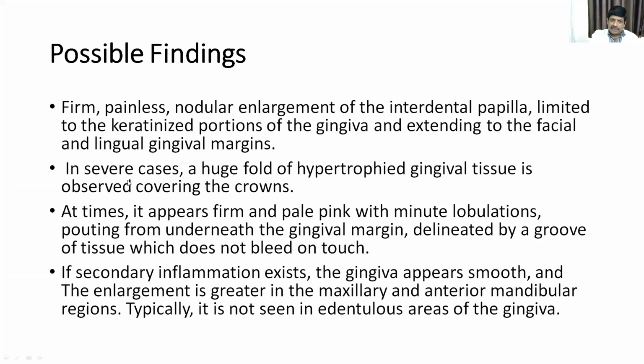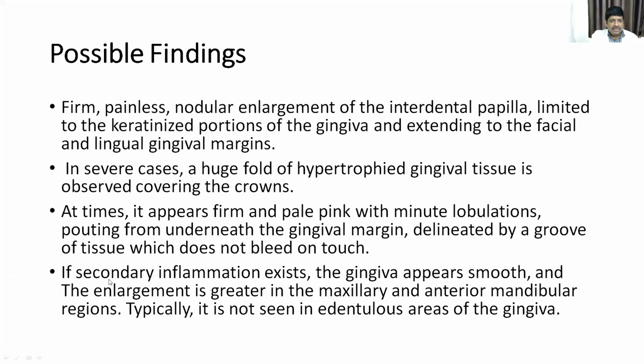In severe cases, a huge fold of hypertrophied gingival tissue is observed covering the crowns of the teeth. So it becomes severe when it covers the crown, and the person will have much problem in chewing food also. At times, it appears firm and pale pink in drug-induced cases, with minute lobulation protruding from underneath the gingival margin, delineated by a groove of tissue which does not bleed on touch.